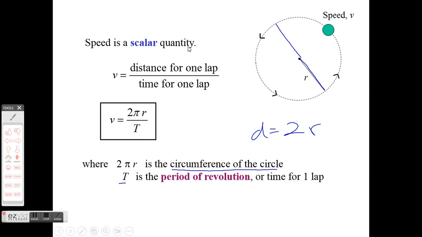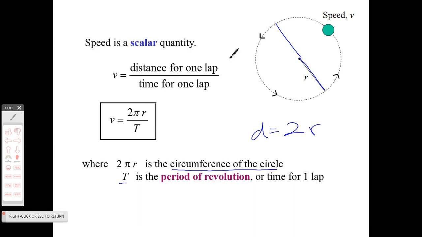V is going to be the distance for one lap. Remember that the circumference is going to be the distance that it travels. Circumference is going to be equal to pi d, and remember that the diameter is 2 radii. So I can replace my d with 2r.